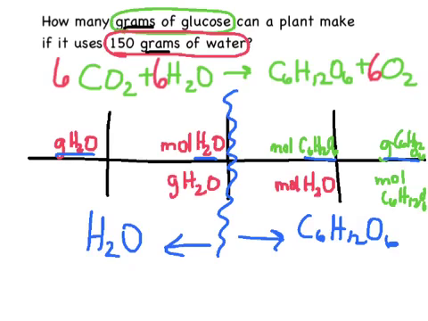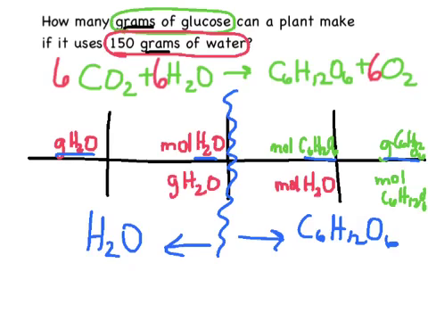The first part is the substance you're given, and the second part is the substance you have to find. So keep that in mind if you're confused about where the first bridge goes. If you're going grams to grams, the first bridge goes to moles of whatever you start with. Then from there you go to moles of whatever you're ending with, because you have to get to grams of whatever you're ending with. Hopefully that makes sense.